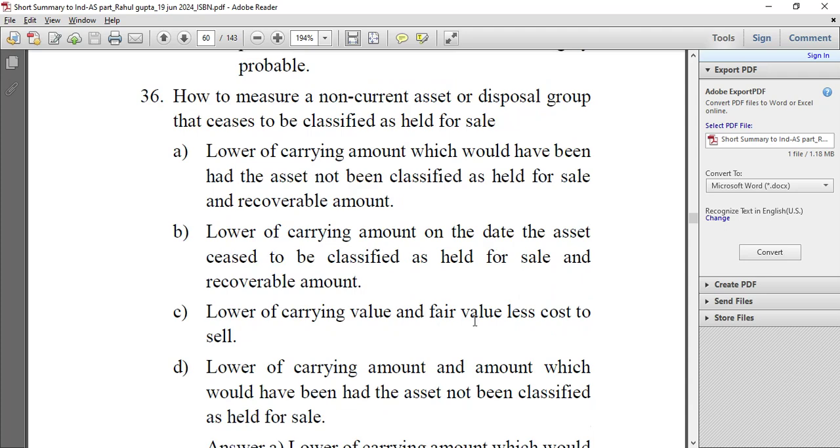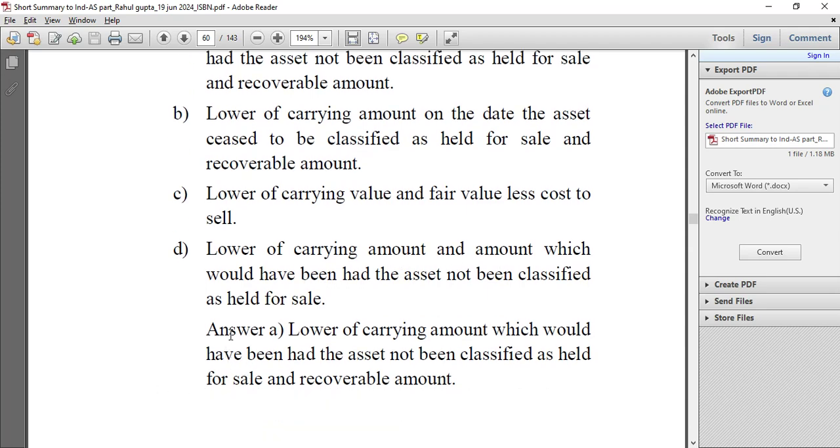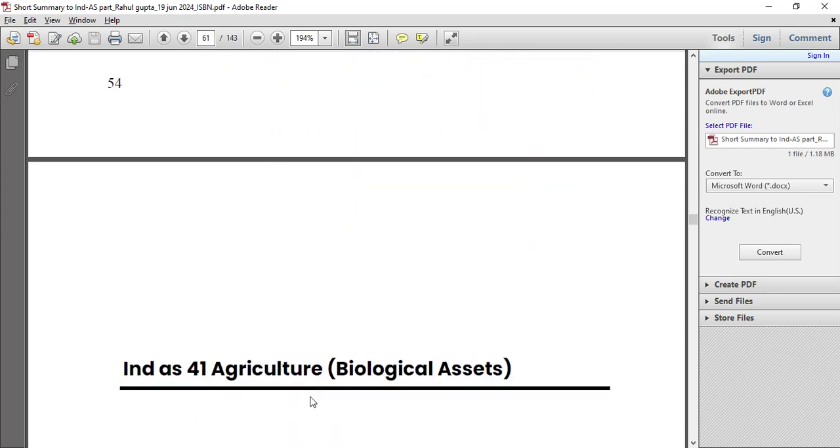Option C: lower of carrying amount and fair value less cost to sell. Answer is A. Lower of carrying amount which would have been there had the asset not been classified as held for sale or the recoverable amount.